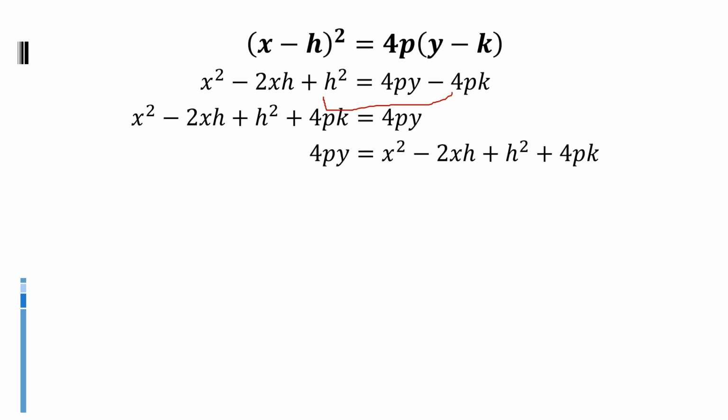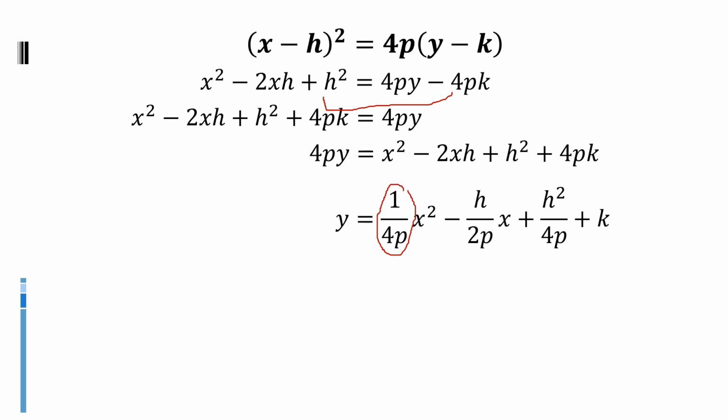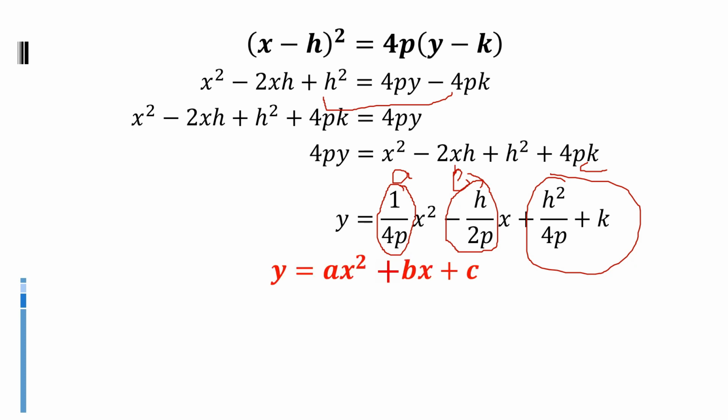So by symmetry, I will isolate y. This means that y equals 1 over 4p x squared minus h over 2p x plus h squared plus 4pk over 4p. Now, if we say this is A and this is B and this is C, then this can be equal to y equals ax squared plus bx plus c.